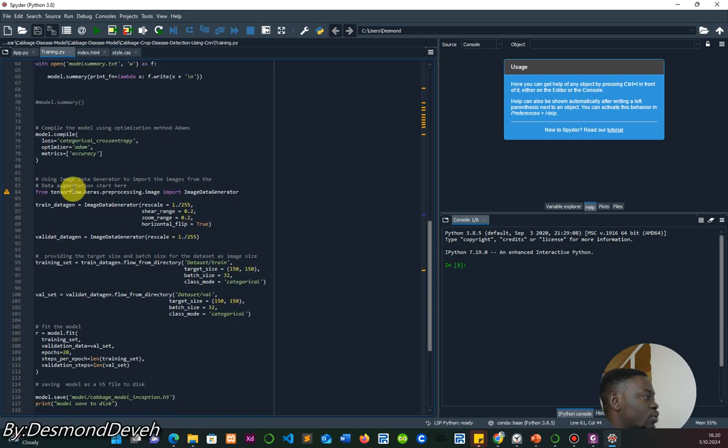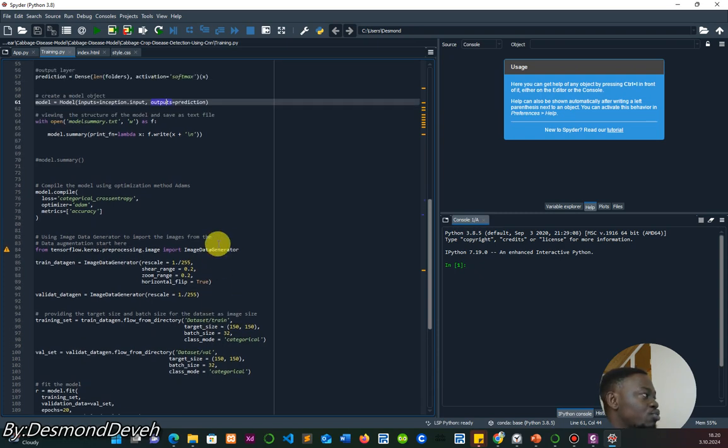After the model has learned the images, I want us to also plot a graph, because the graph will help me know the number of times it is able to learn the images. In that case, we have to run epochs.